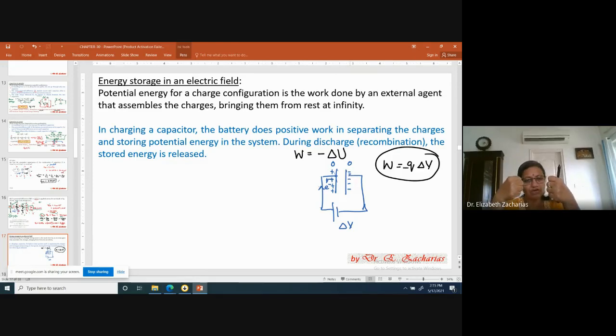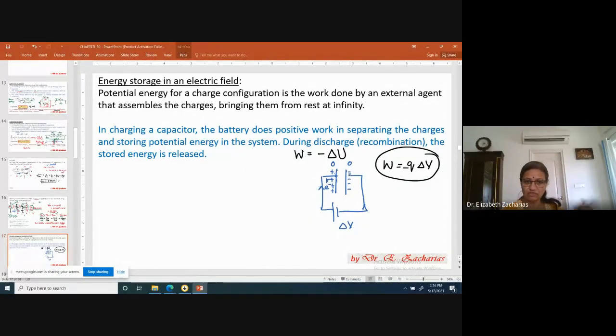So how do you get this energy out? By allowing these positive and negative charges to come back together again. When they come back together, the potential difference becomes 0, and that energy is brought out in the form of light or any form. So this is how a capacitor stores energy. In charging a capacitor, you're depositing energy.